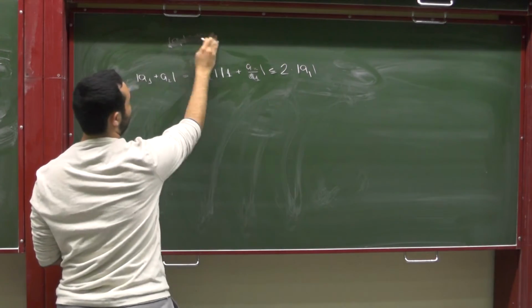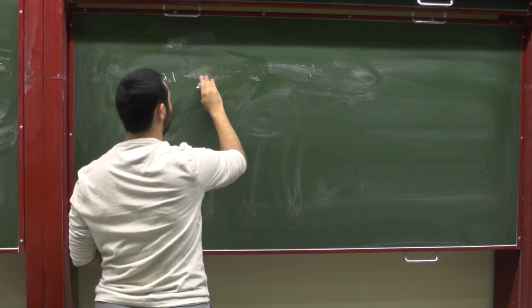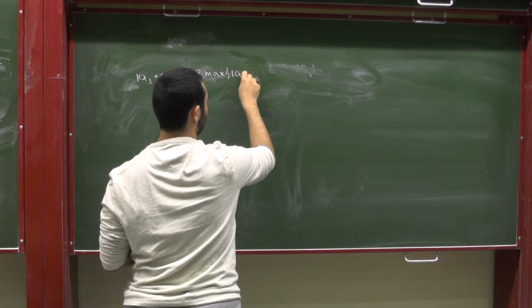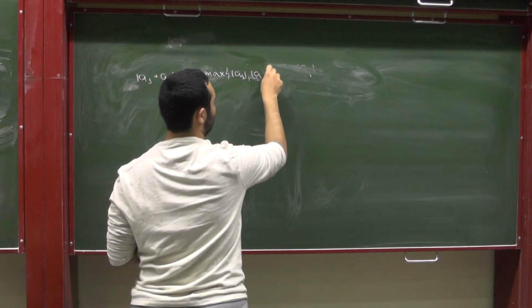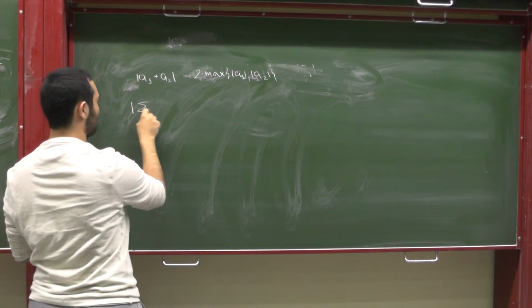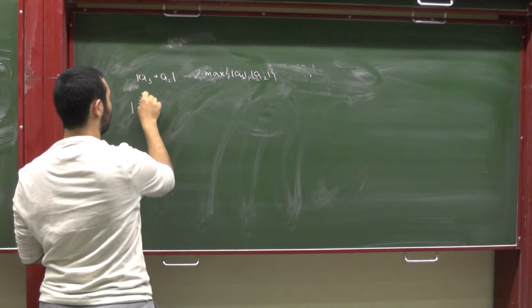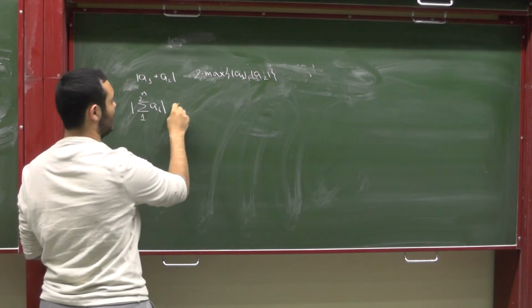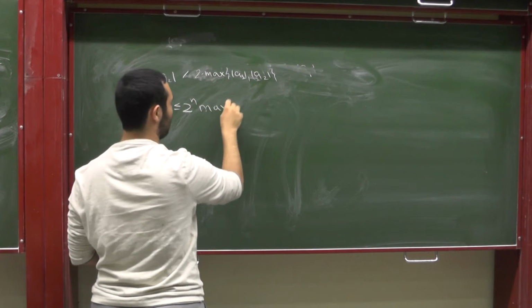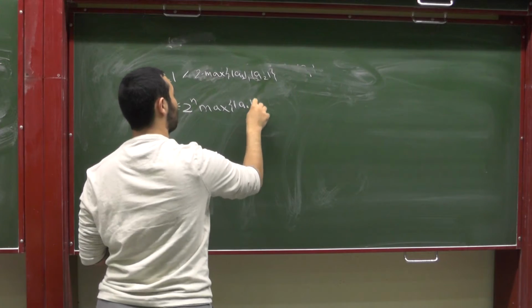And in general, if I don't make this assumption, this is twice the maximum. Now argue by induction to show that if you sum 2 to the n terms, then this is at most 2 to the n times the maximum of the evaluations.